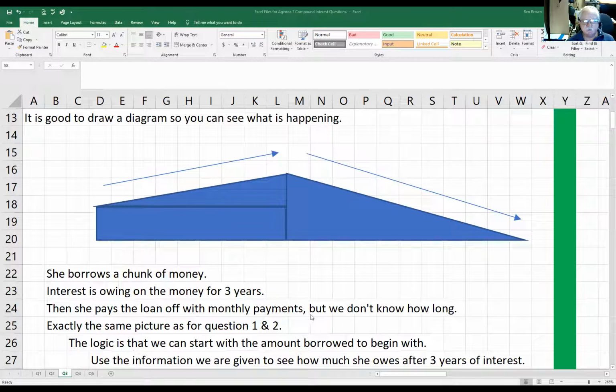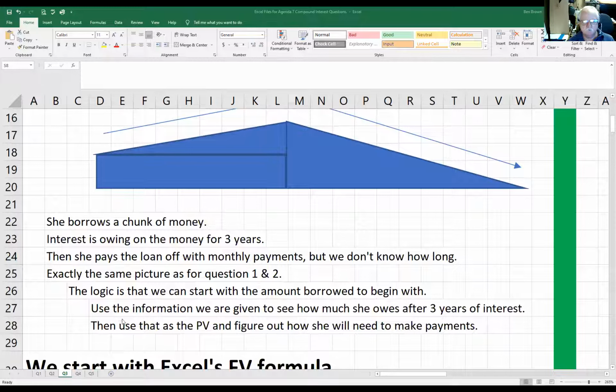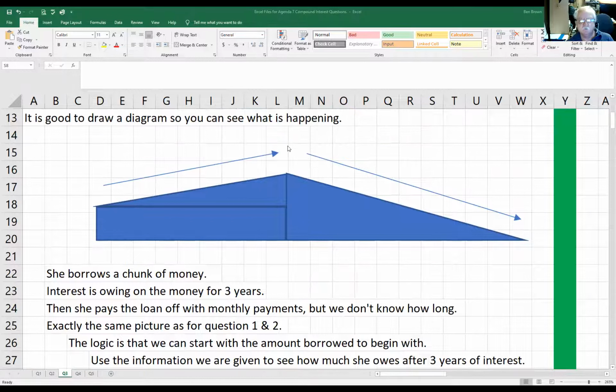Then she pays the loan off with monthly payments, which is here, but we don't know for how long. So the logic is that we can start with the amount borrowed and see how much money she owes before she starts paying it off. And then we can do the second part where the payments, which is the annuity, and figure out how long that's going to take.